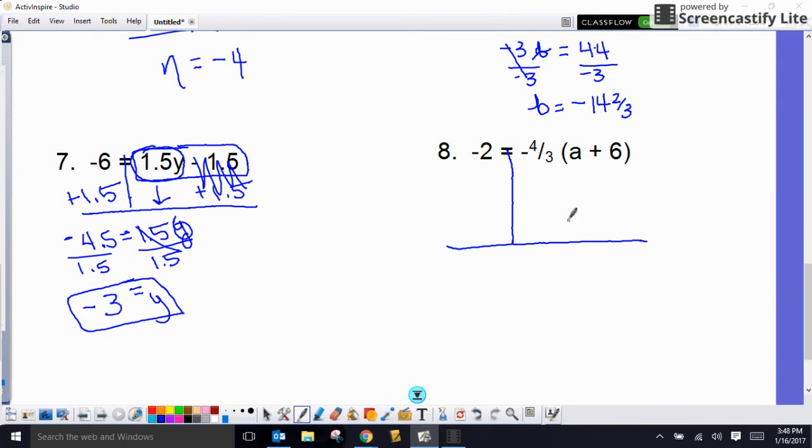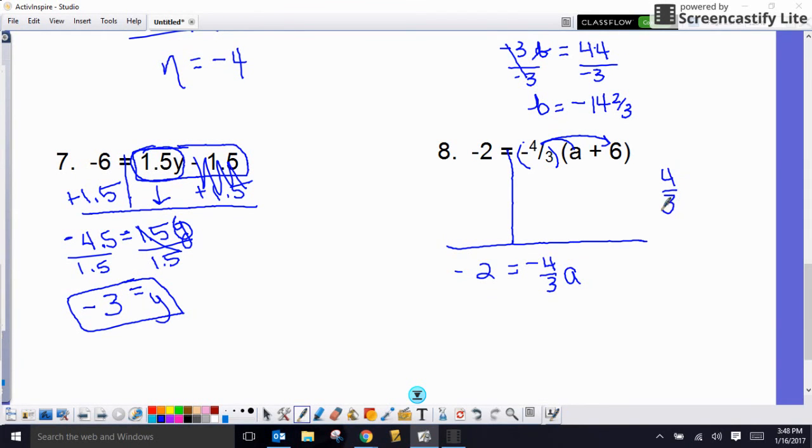A lot of ways I can do this. I'm going to go ahead and bring down my equal sign. I think I'm going to distribute this -4/3. So this term needs to be multiplied to both terms. So negative 4/3 A is negative 4/3 A. And then negative 4/3 times 6.